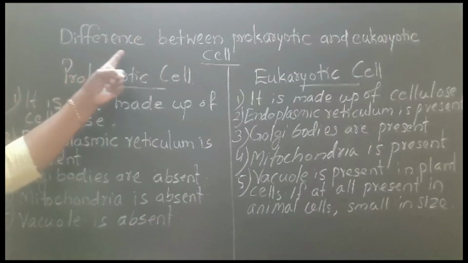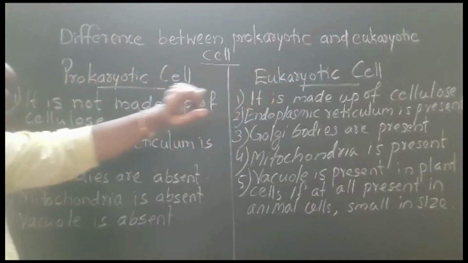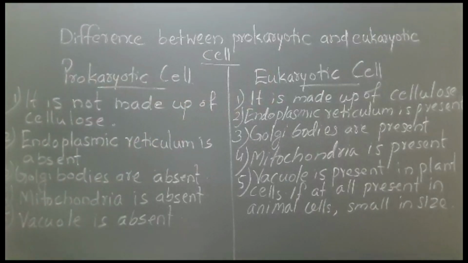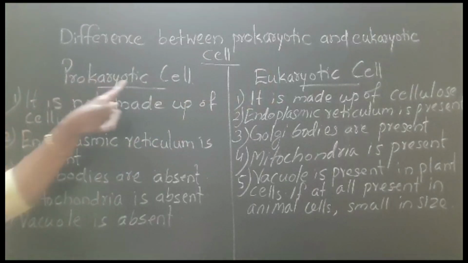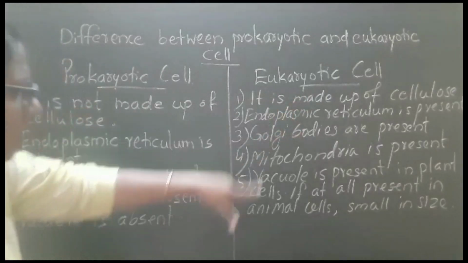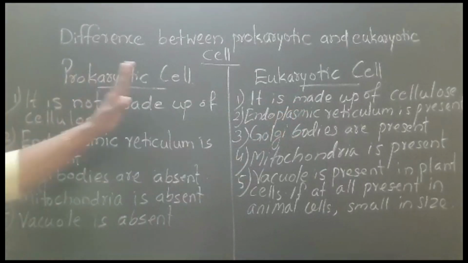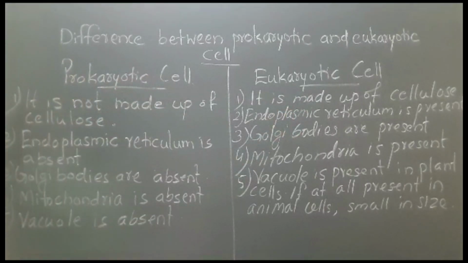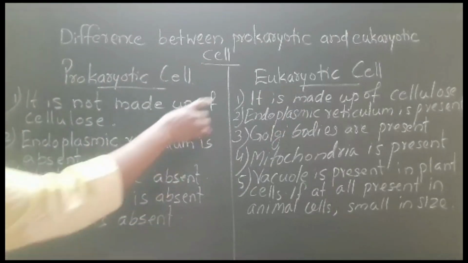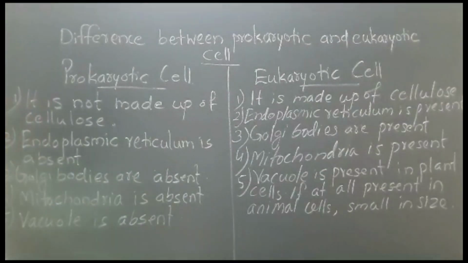Let's see the difference between prokaryotic and eukaryotic cell. Divided in two parts, on one side you can see I have written prokaryotic cell, and on this side eukaryotic cell. Now we'll see the difference.